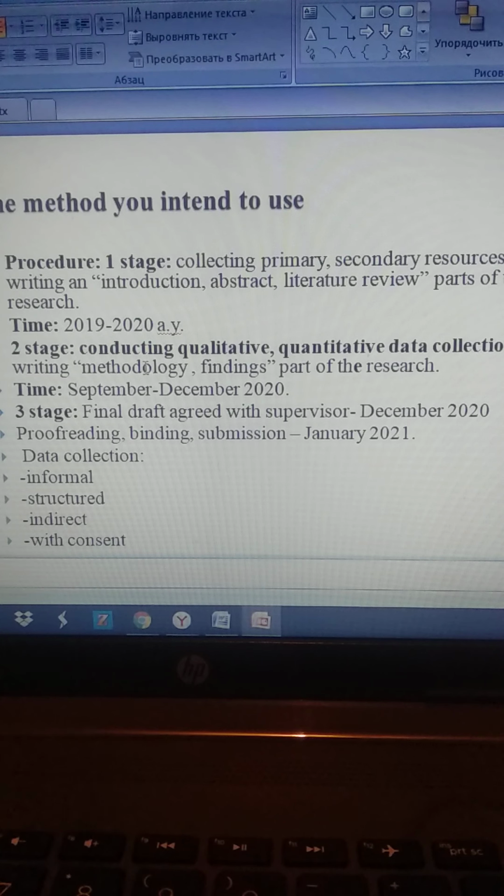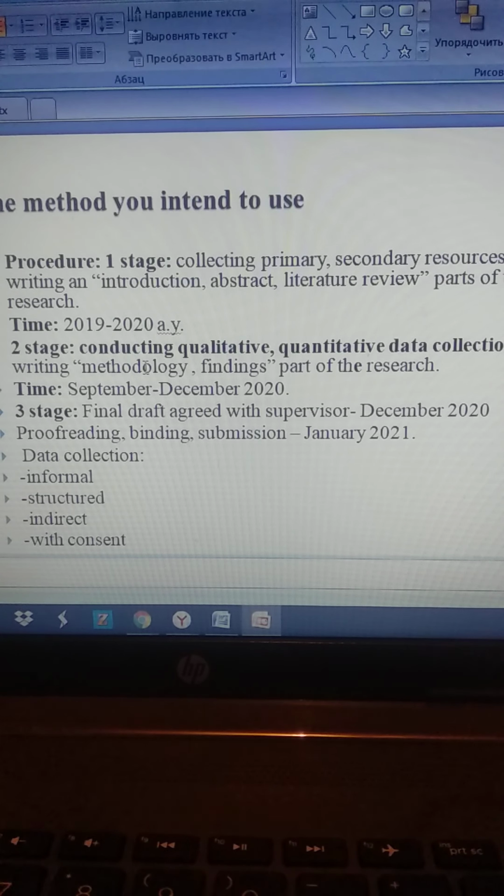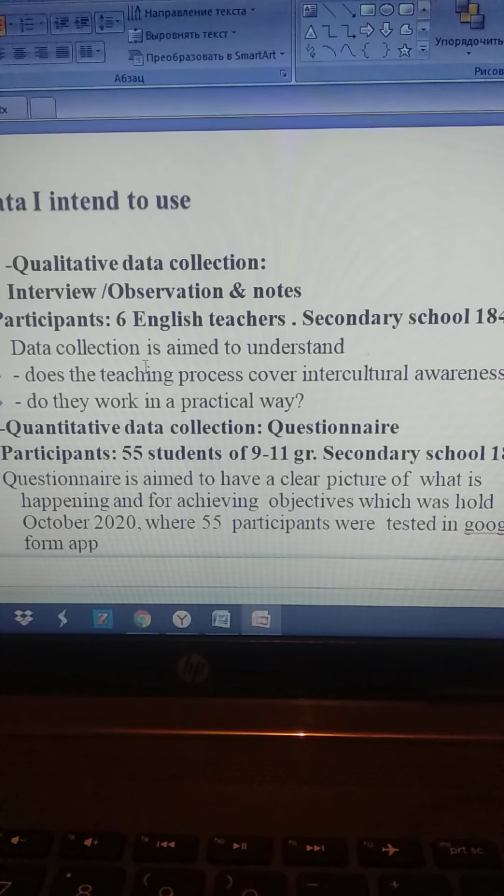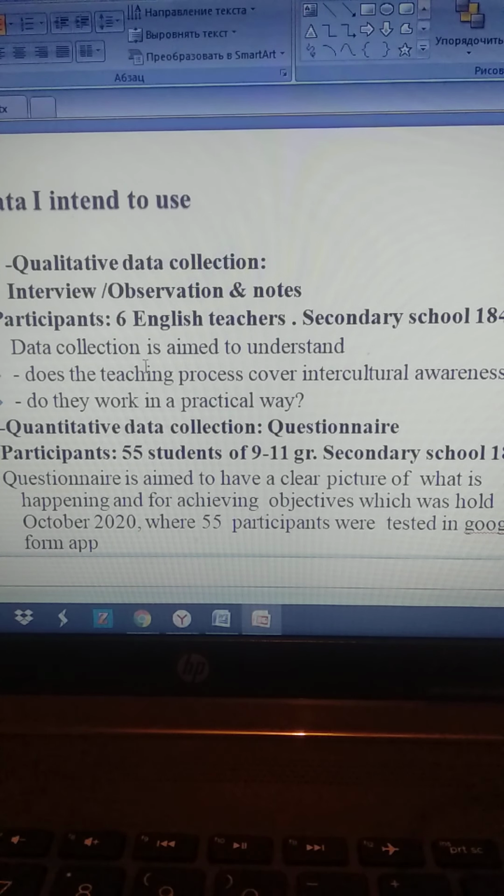Then the second stage is conducting qualitative and quantitative data collection. Then the third stage is a final draft. The data I intend to use are qualitative and quantitative data collection. That's why I'm going to use the mixed method.